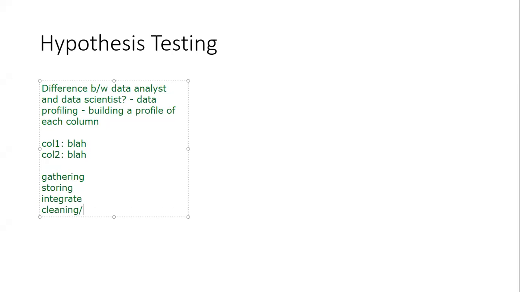Then obviously you have to do cleaning, and you can also call it wrangling. And then you have to do EDA, which is also part of wrangling. EDA stands for exploratory data analysis, in which you do things like clustering, hypothesis testing. Okay, you make some charts to understand the data.